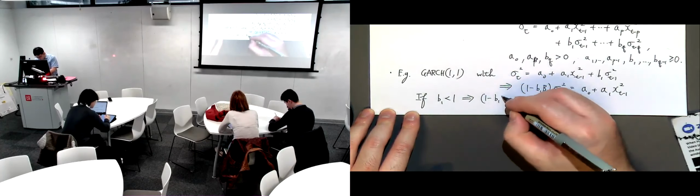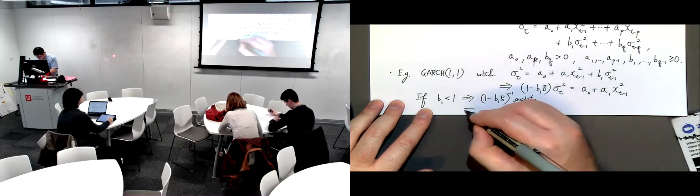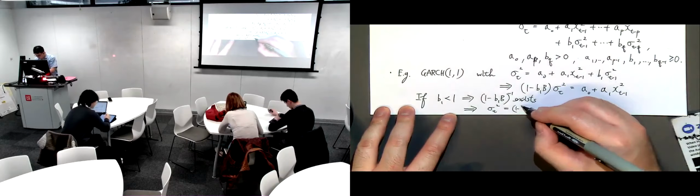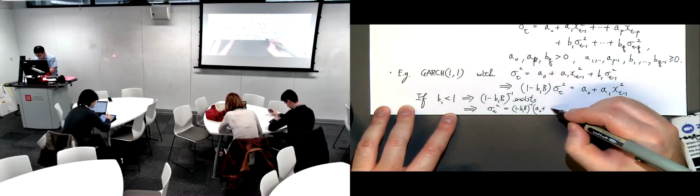Then the inverse of 1 minus b1 B exists, right? This is something you learn when you learn about stationarity and how to convert AR to MA infinity. So in the end, if we can do this, then sigma t squared can be written as the inverse of 1 minus b1 B applied on a0 plus a1 x t minus 1 squared, which is what?